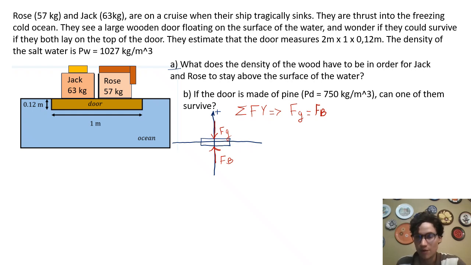The weight force will be the total mass of Jack and Rose, which is 120 kilograms, plus the weight of the door.